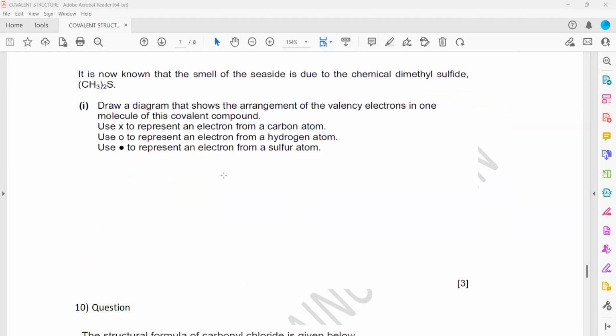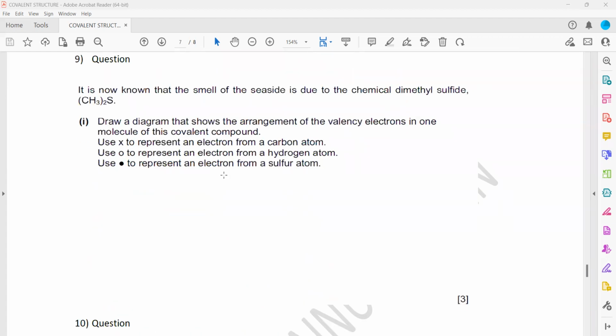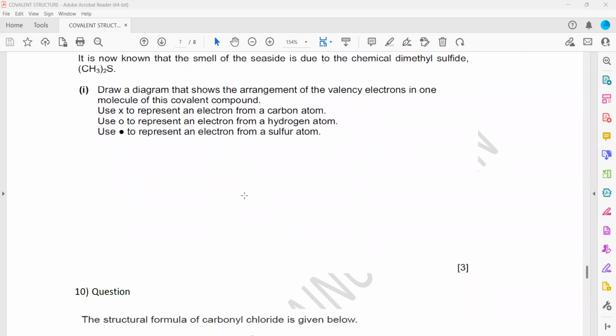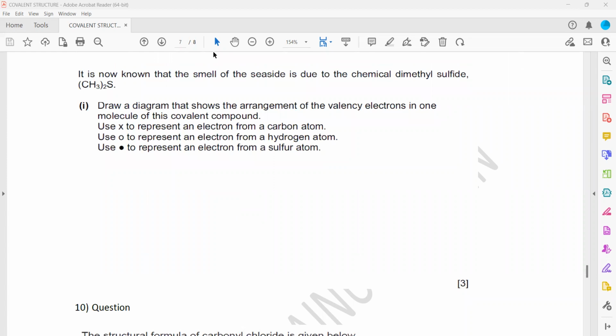In page 7, it is now known that the smell of the seaside is due to a chemical, dimethyl sulfide. Draw a diagram to show the arrangement of valency electrons in one molecule of dimethyl sulfide. So dimethyl sulfide means (CH3)2S, like there are 2 CH3 groups with sulfur. So there is sulfur, then there is CH3, and on the other side also there is CH3.